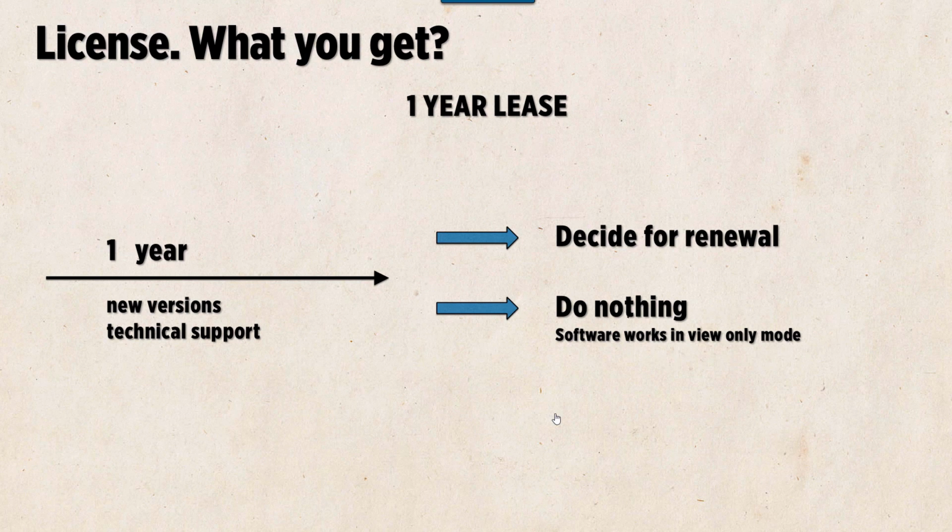If 1 year lease is purchased, then after 1 year you can decide for renewal, or at that point buy perpetual and reimburse the price of lease. You may also decide not to go on with AudaxCeph and work in view mode, which means that you will not lose the data, you will just not be able to create new analysis or other documents.